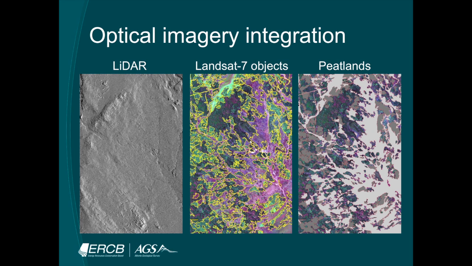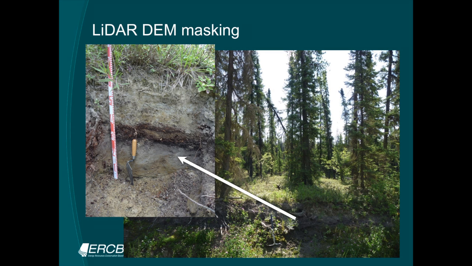And again, using a similar approach to deal with the Landsat 7 data, segmenting the image and then mapping our basic peatland classes into bog and fen in this case. The LiDAR is also important in this respect.